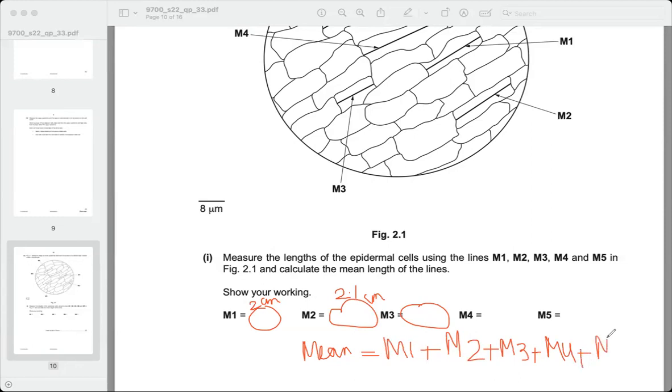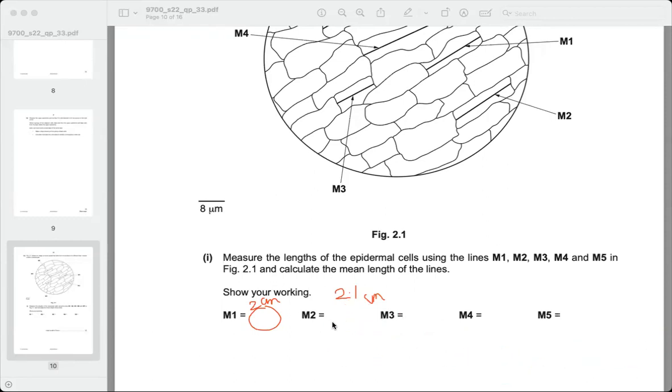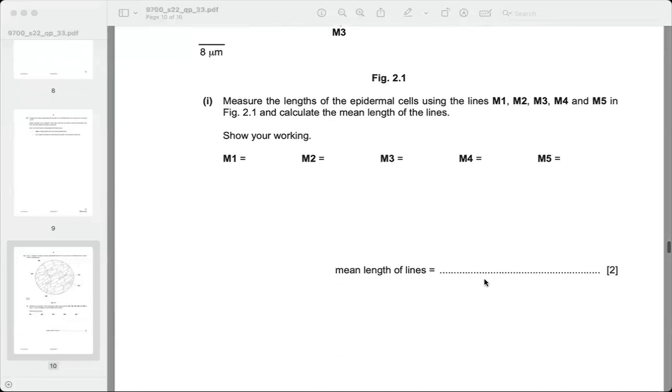Because there are 5 values, mean means that we add all the values and divide by the number of values we have. So we divide by 5. Whatever answer we get, you write and do the calculations according to the M1, M2, M3, M4, M5 values you have. Then you write your mean value, the mean length of the lines right here.